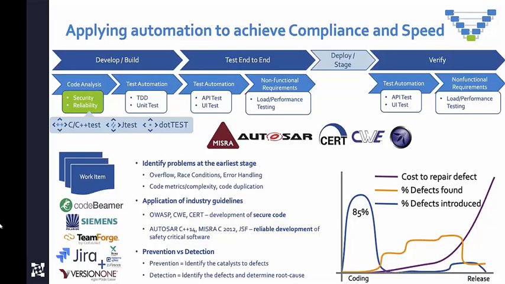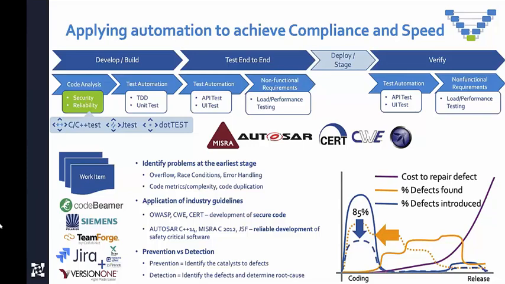Well, shockingly, the research was redone in 2017, and the graph looked the same. The only major difference was that now with Agile, we're doing it a lot more frequently. So really what we have to do is consider how we can improve our software development process and how we can shift left the identification of the defects, and everything we talk about today is going to help us with that effort.